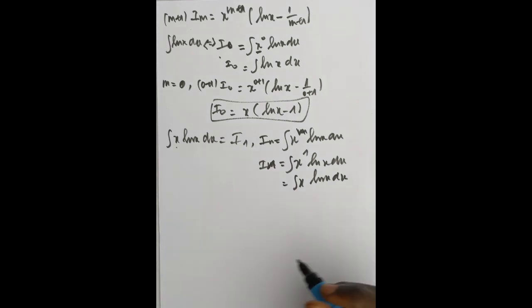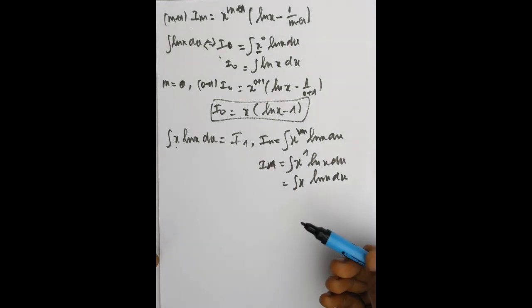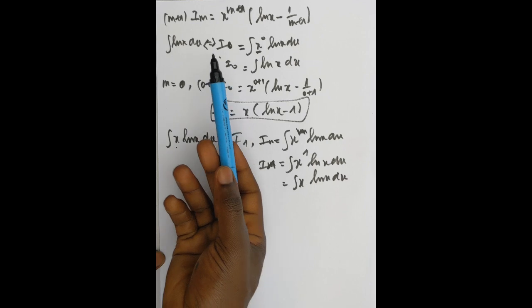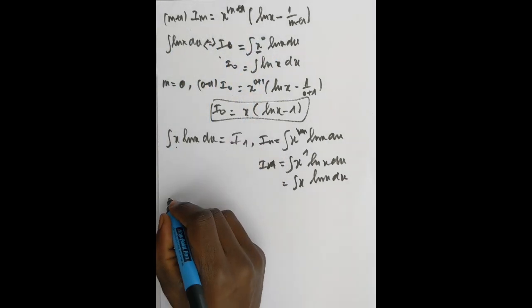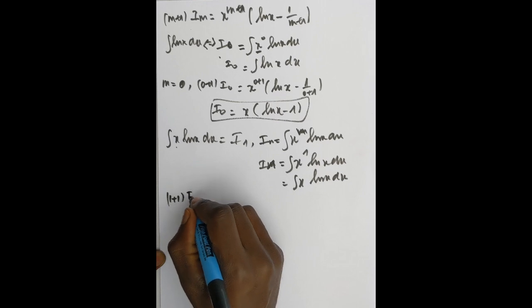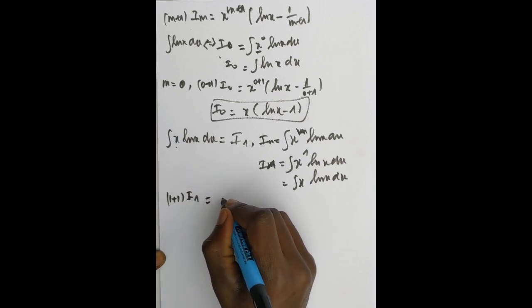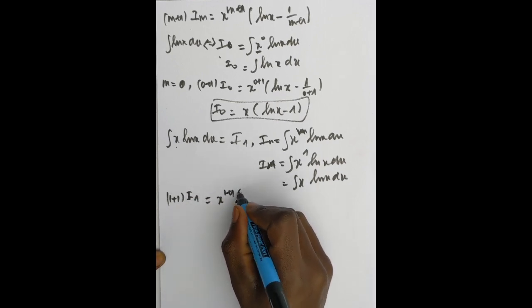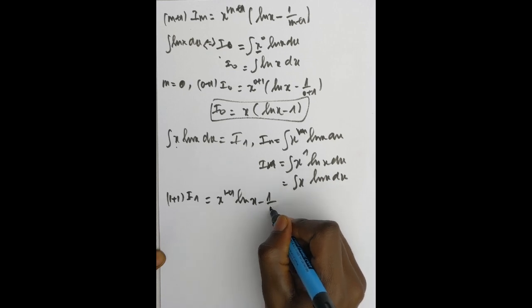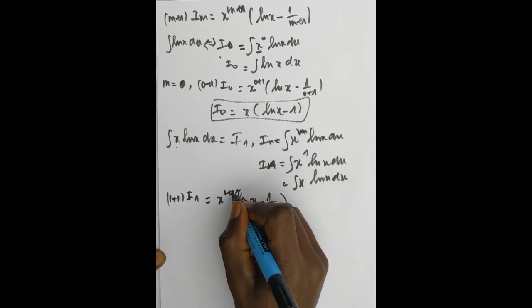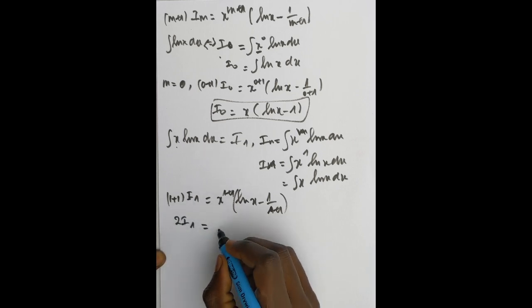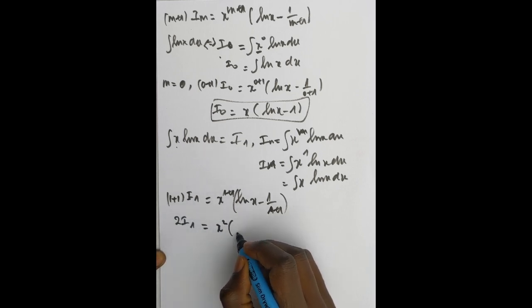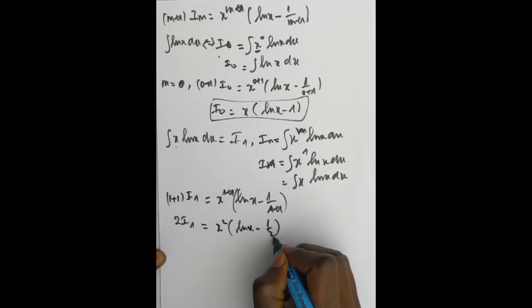So we have to replace m equal to 1 in the given recurring relation to get 1 plus 1 E1 equal to x power 1 plus 1 ln x negative 1 over 1 plus 1. So we have 2E1 to be equal to x power 2 ln x negative 1 over 2.